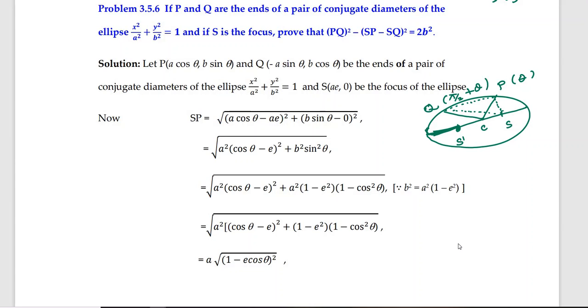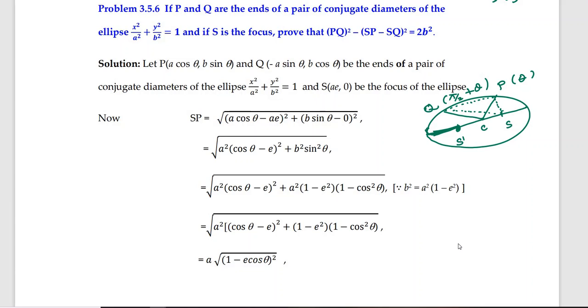So it's purely the distance formula that's used, because we know that S is AE, 0, one of the foci. Using the distance formula we have this. You have S to be this and P to be this one. So A cos theta minus AE the whole square plus B sin theta minus 0 the whole square.